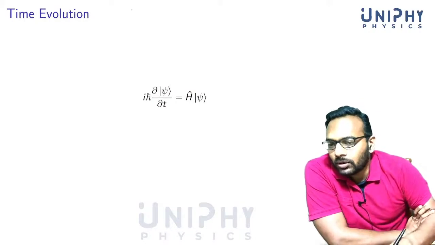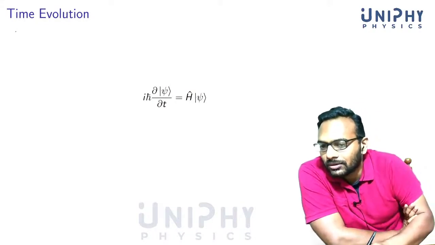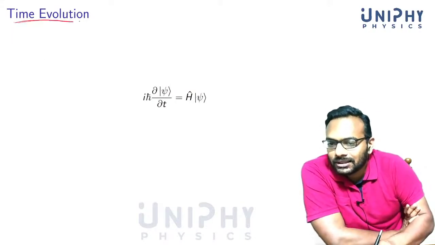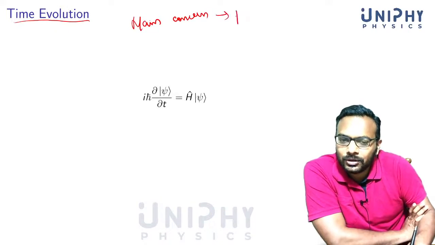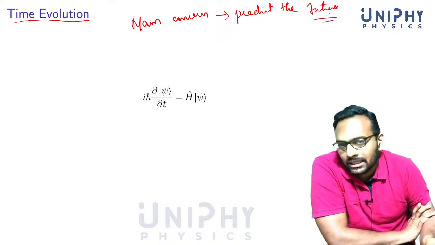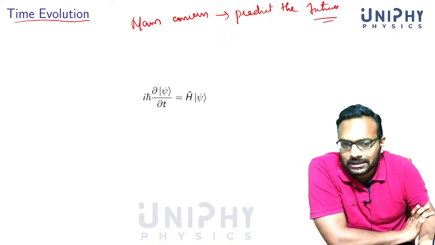Now we have said all these things. But in physics, the main concern of physicists, as I said, is to predict the future. Not only the future; it could also be the past, or the state at any other time.